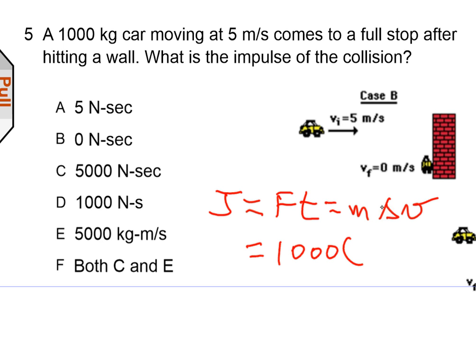It changes from 5 initially to a final of 0, so there's a change of minus 5. So the magnitude, at least, of the change in momentum is 5,000 newton seconds. Let me just circle the answer, 5,000 newton seconds.